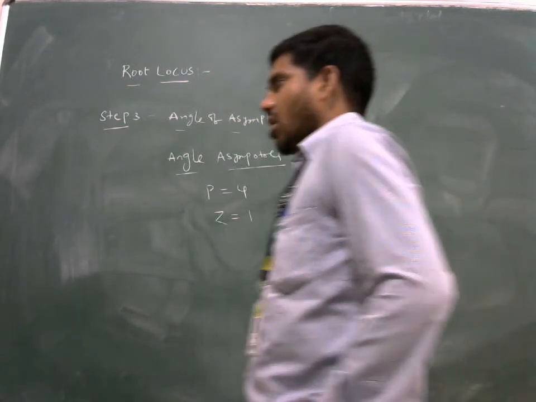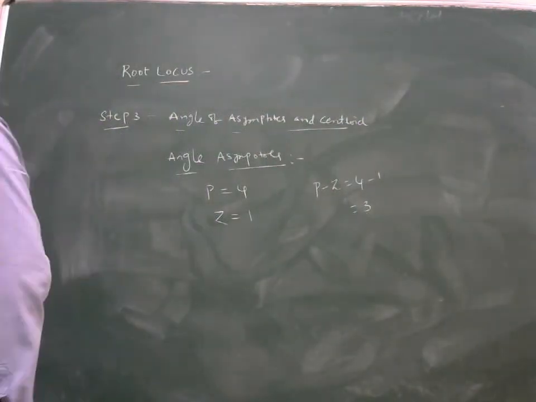P minus Z. Now, how are we going to find that angle of asymptotes?